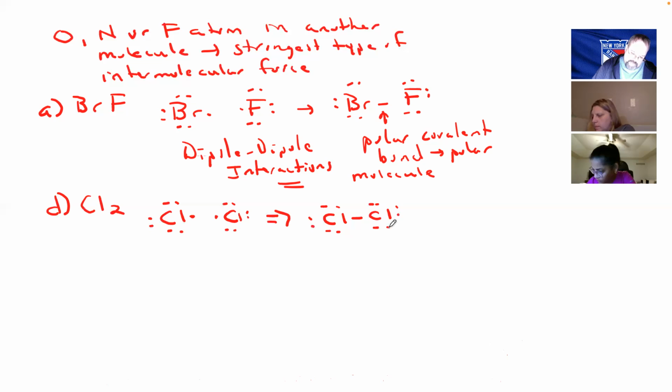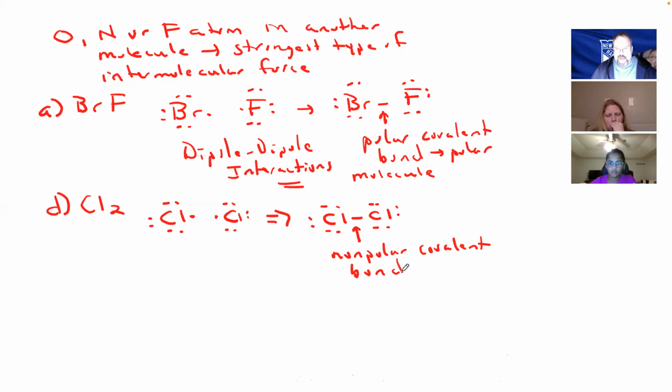Now again, because there's only 2 atoms present, the polarity of the bond is going to determine the polarity of the molecule. Now, what type of bond is a chlorine to chlorine bond? Well, because the electronegativity difference is 0, a Cl to Cl bond is a non-polar covalent bond, which makes this a non-polar molecule.